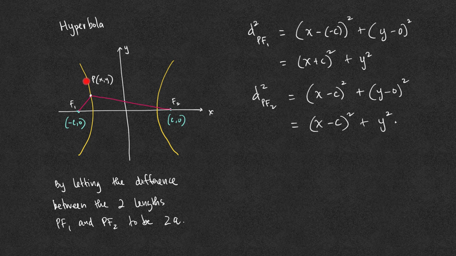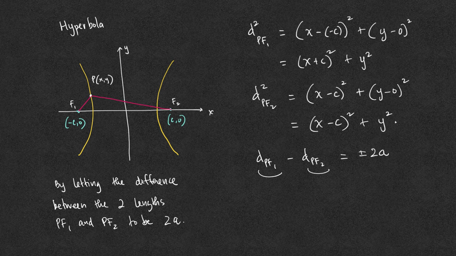Regardless of where the point P is, on the left or on the right hand side, the difference between the two lengths is 2a. So if we take the distance PF1 minus the distance PF2, then we'll end up with plus or minus 2a. If PF1 is greater than PF2, then we'll end up with 2a.